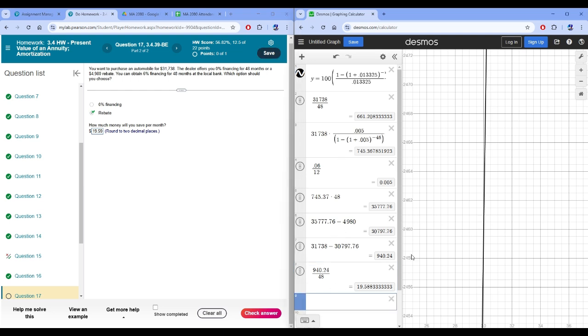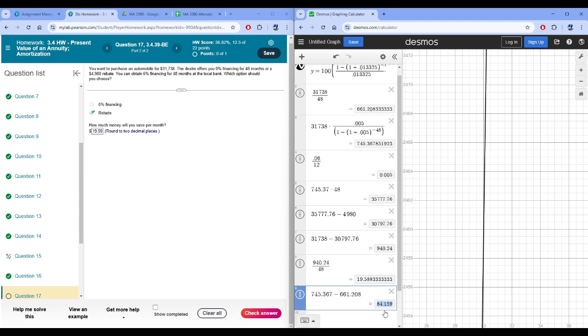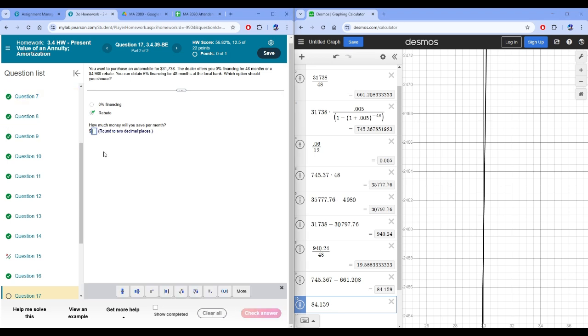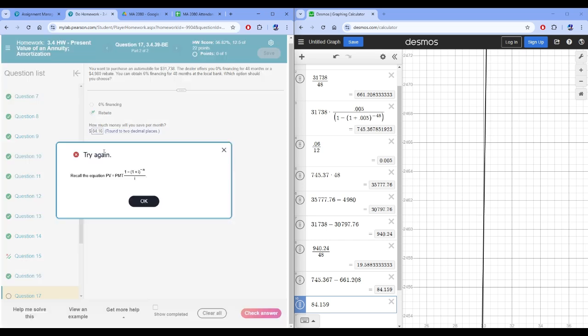My one loan is 745.367 minus 661.208. How much will you save per month? Let's try that number. 840.15.16. No.